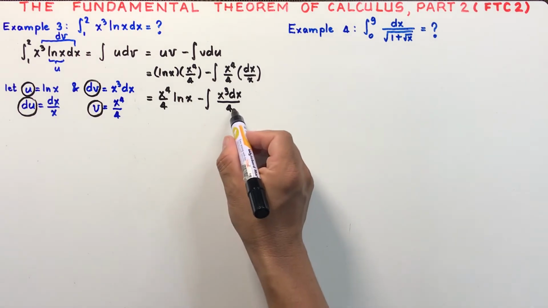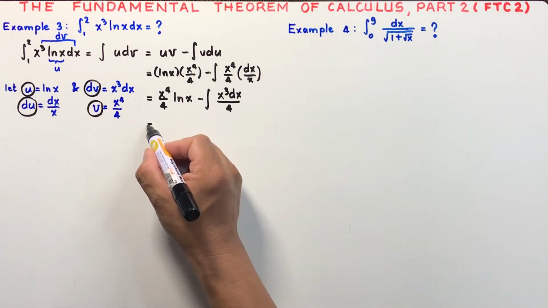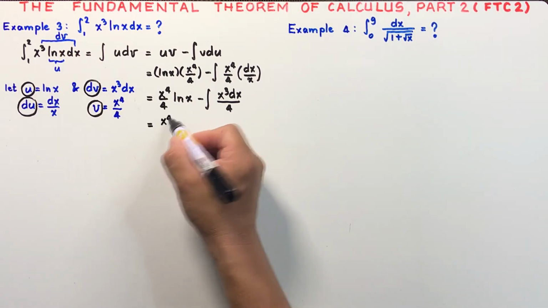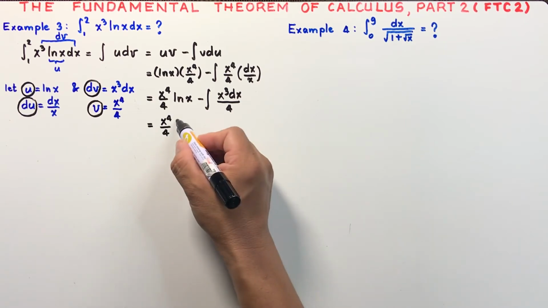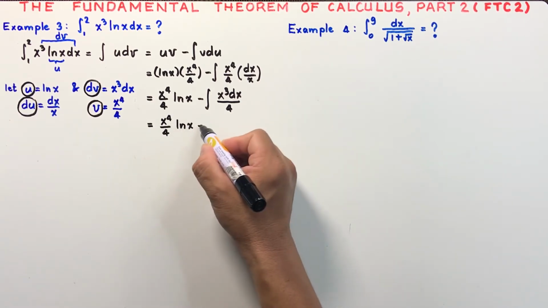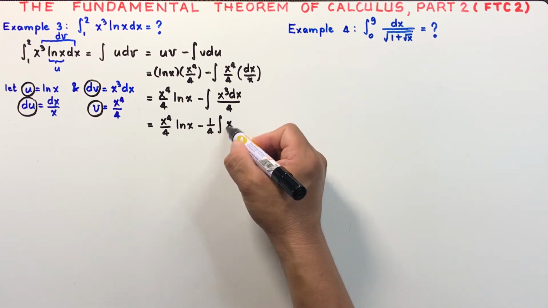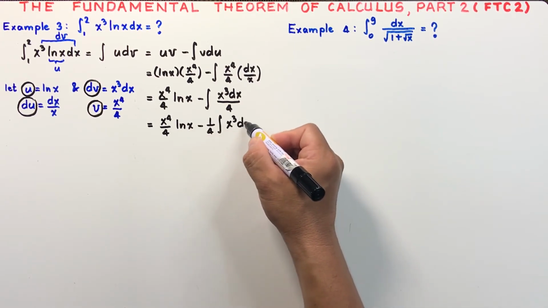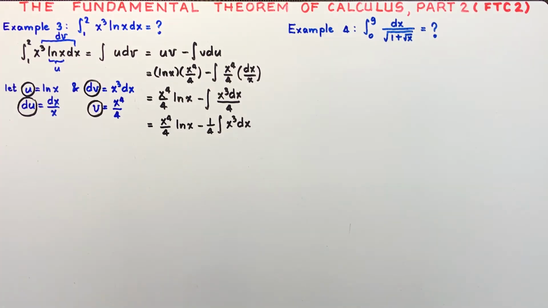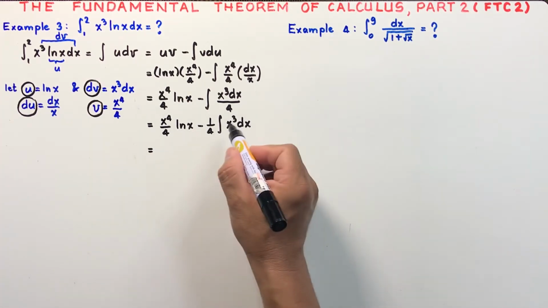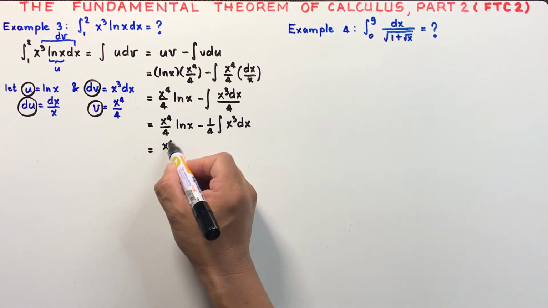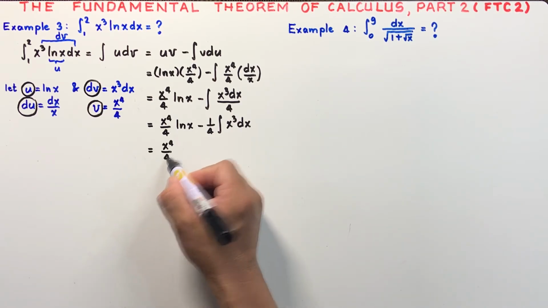And factoring this constant outside the integral symbol, we have x to the power 4 over 4 times ln x minus 1/4 of the integral of x cubed dx. And we know that the integral of x cubed is x to the fourth over 4.